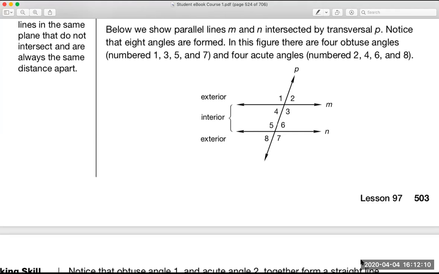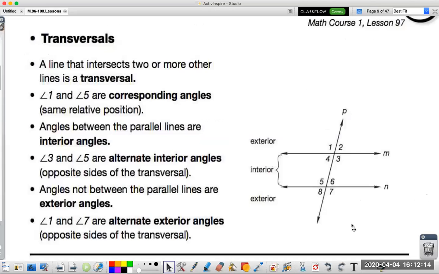Let's look at another slide I have for that. If you've got a line that intersects two or more lines, it's called a transversal. For example, this line right here is a transversal. Why is that? Because it's crossing two or more lines.